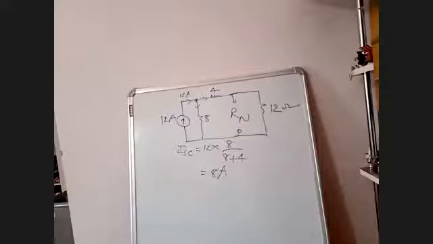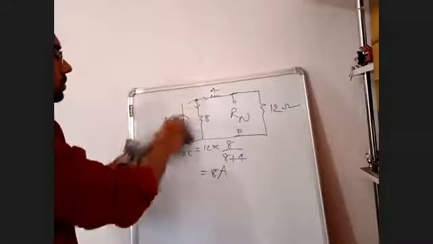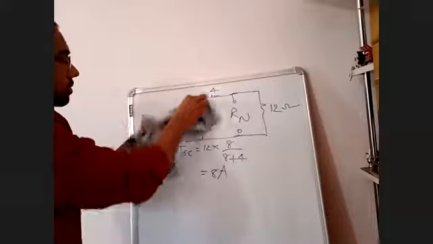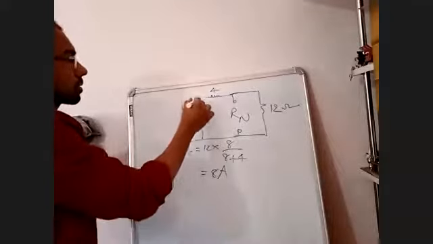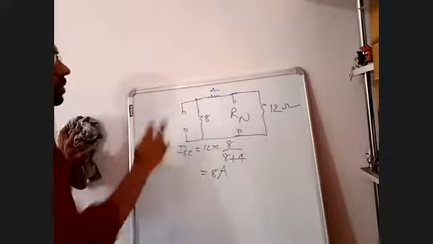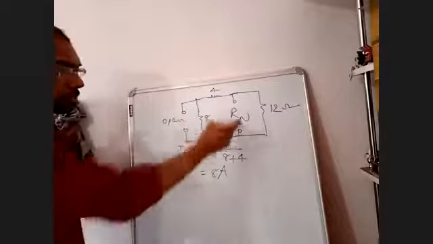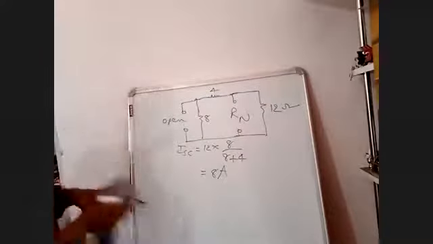We will short all the voltage sources and open all the current sources. Here only a current source is there, so I am opening this current source.